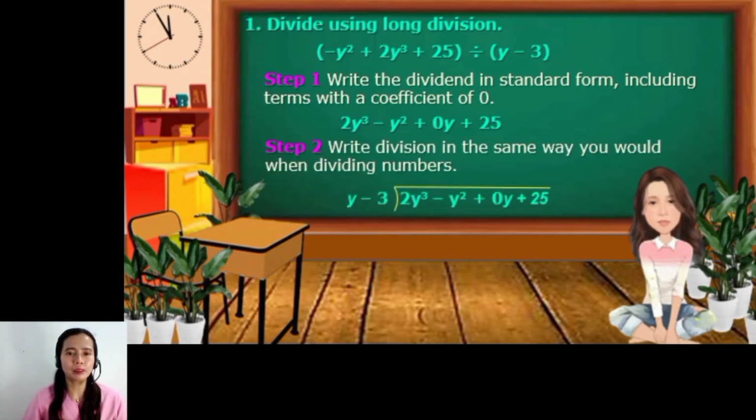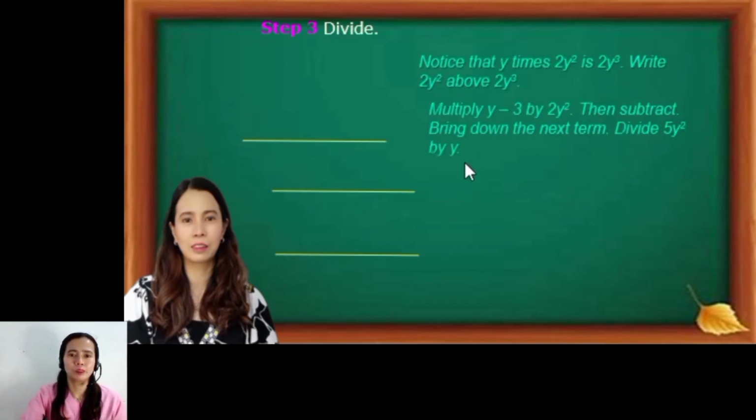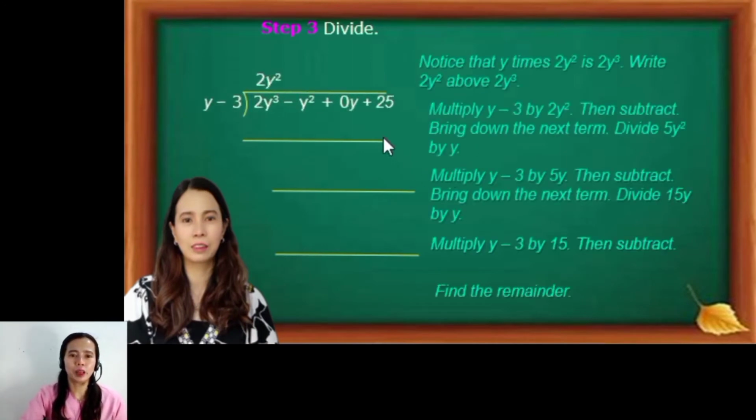Next step, division in the same way you would when dividing numbers. Next, divide. So, we have 2y cubed. Divide natin sa first term dito.